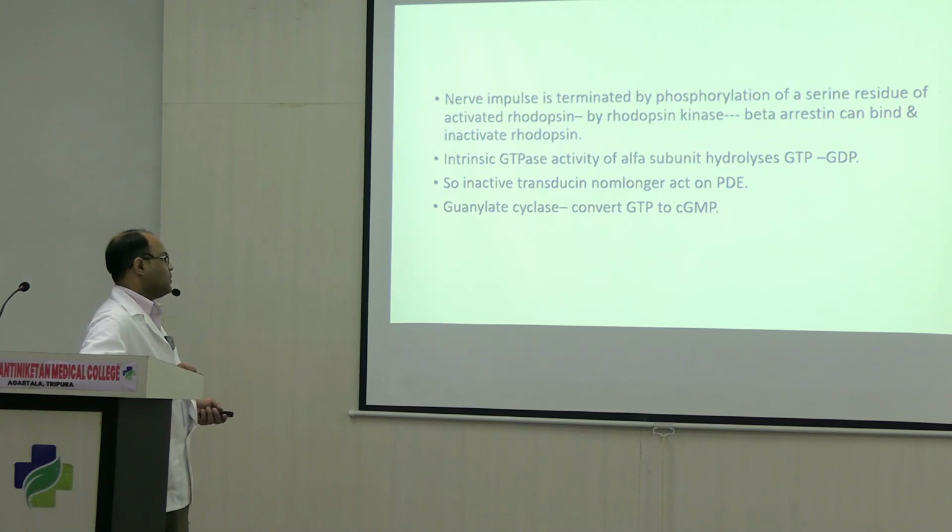The intrinsic GTPase activity of the alpha subunit hydrolyzes GTP to GDP. So inactive transducin no longer acts on the phosphodiesterase enzyme. By this way, guanylyl cyclase converts GTP to cGMP. By this way, the cGMP level is restored, and again the sodium ion channel is activated.